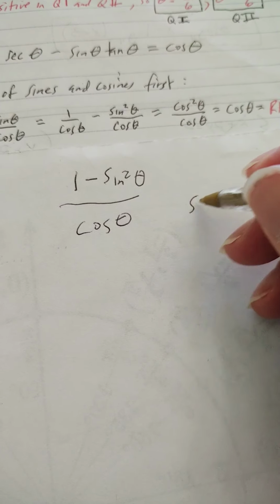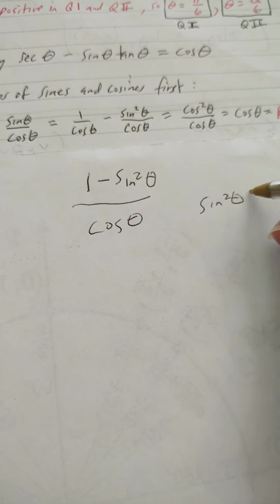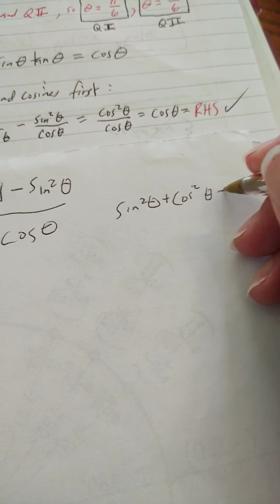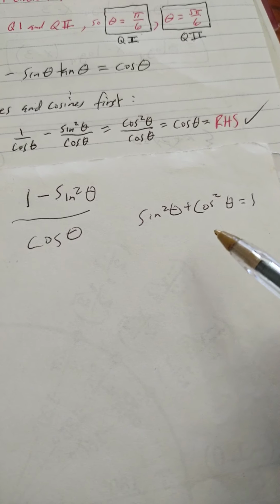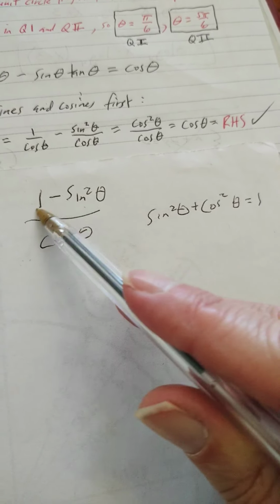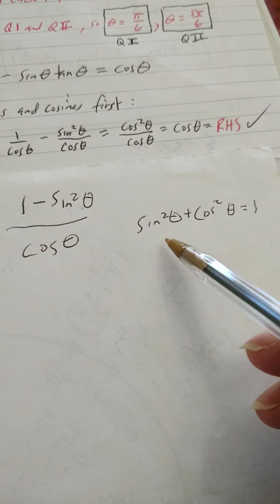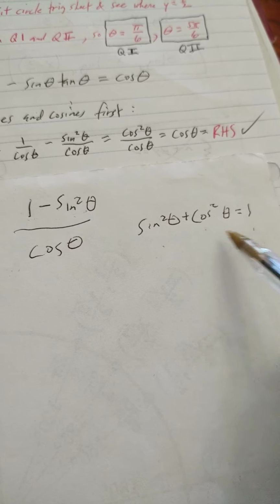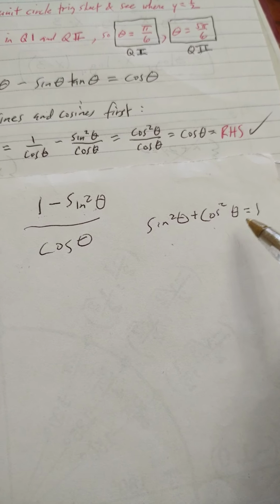Let me write down that trig identity: sine squared theta plus cosine squared theta equals 1. That's a Pythagorean identity. And what's another name for 1 minus sine squared? Well, if I subtract sine squared from each side, I'm going to have cosine squared theta equals 1 minus sine squared theta.